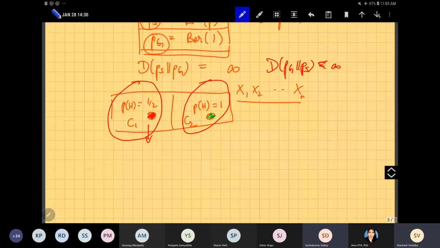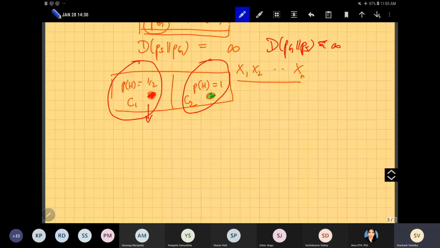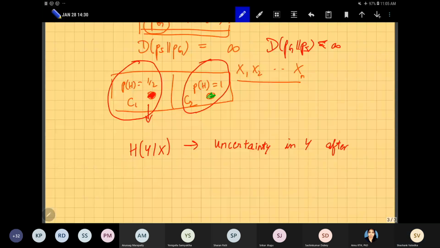Okay, so it's just slightly different, right? The conditional entropy of y given x is the uncertainty that is remaining in y after seeing x.